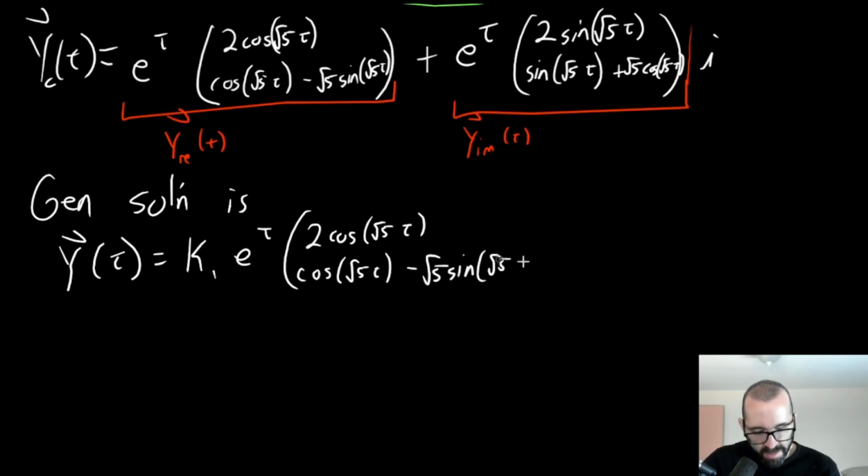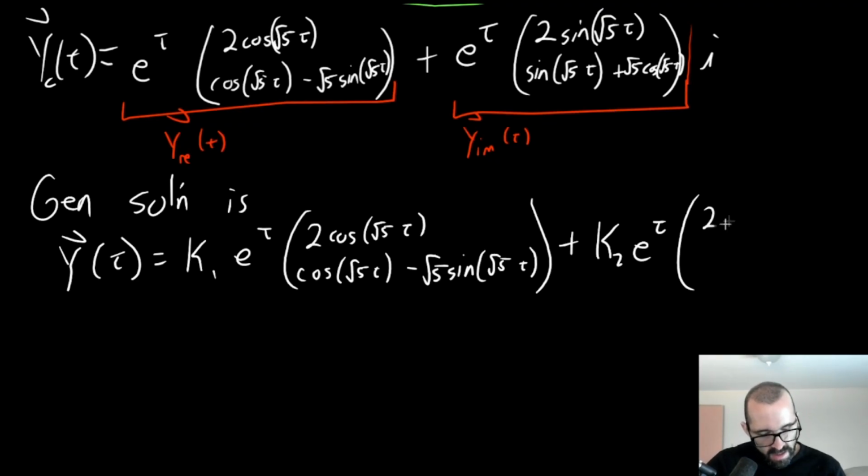What a fun problem. All right, so a constant times one solution plus another constant times a linearly independent solution, which we have right here, this red guy: 2 sine of root 5t, and then sine of root 5t plus root 5 cosine of root 5t.